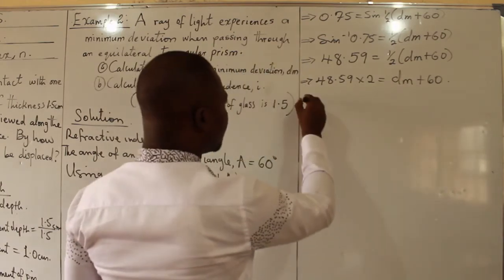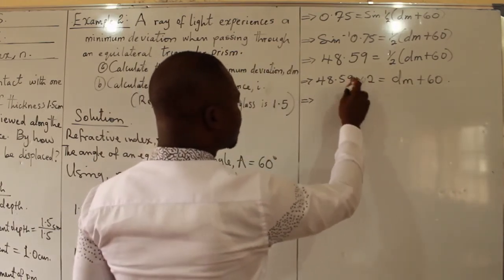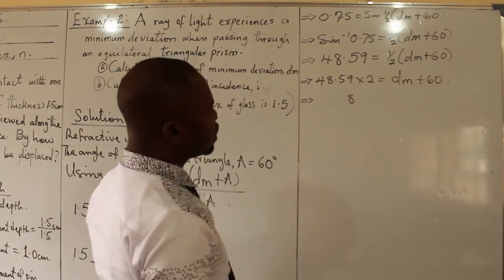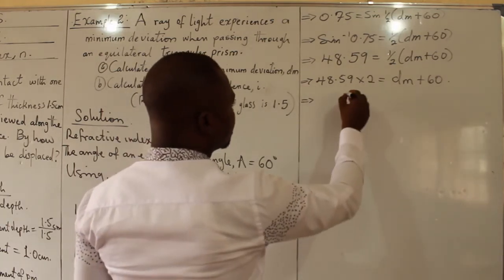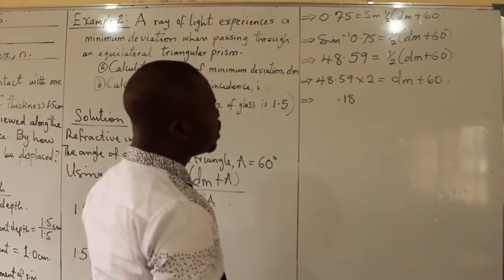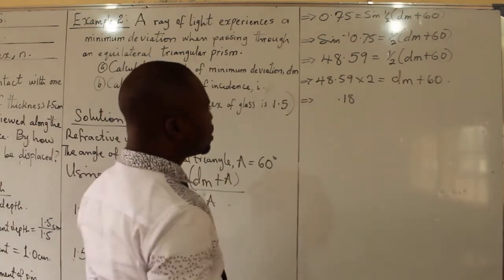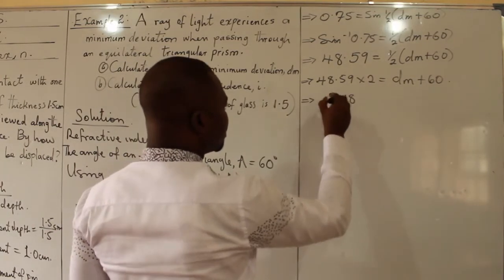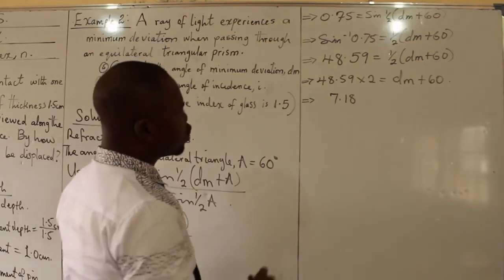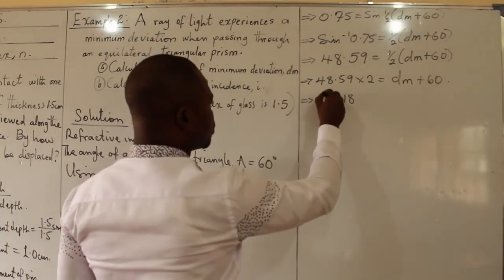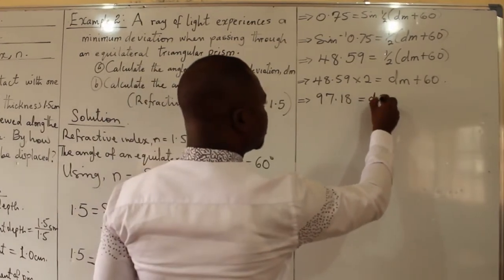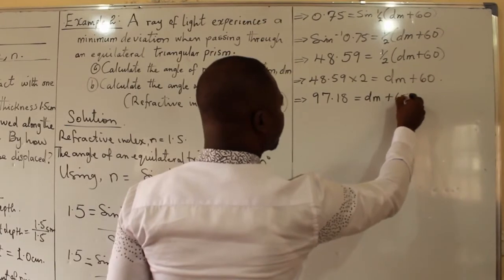If you multiply this, 2 times 9, 18, keep 1. 2 times 5, 10 plus 1, that's 11, you write 1, keep 1. 2 times 8, 16 plus 1, you have 7. And then 2 times 4 is 8 plus 1, that would be 9. So you have 97.18 equals dm, minimum deviation, plus 60.